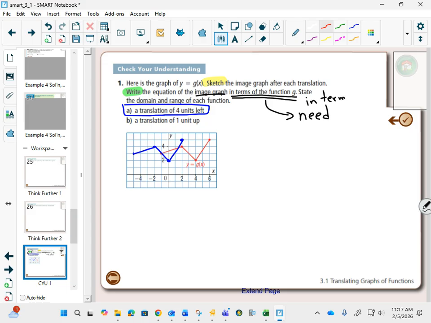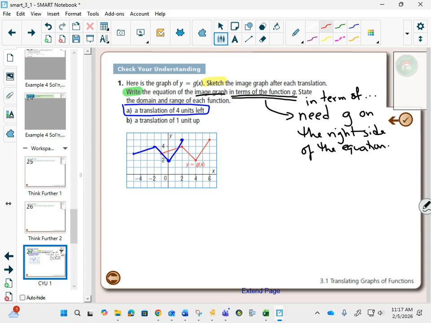Whenever you see "in terms of" dot, dot, dot, in this case it says in terms of the function g, you will need the function g on the right side of an equation.